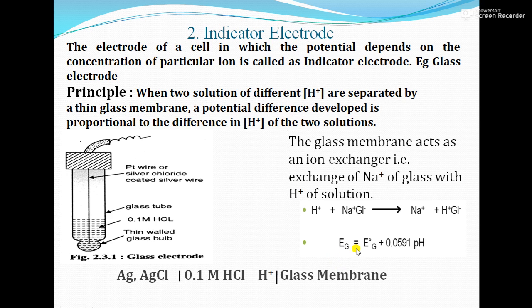So the formula will become Eg is equal to E0G plus 0.0591 pH, and the representation of the cell is Ag, AgCl, then 0.1 normal HCl, H plus, and then glass membrane.